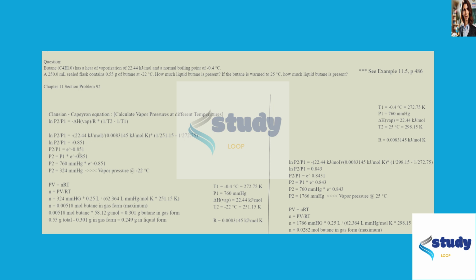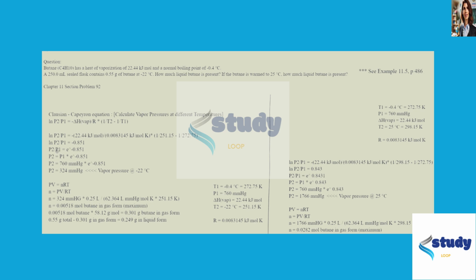And we can drop the logs. When we drop the log on the left, on the right side we take e and raise it to the power of what that was. So P2 over P1 is going to equal e raised to the minus 0.851.